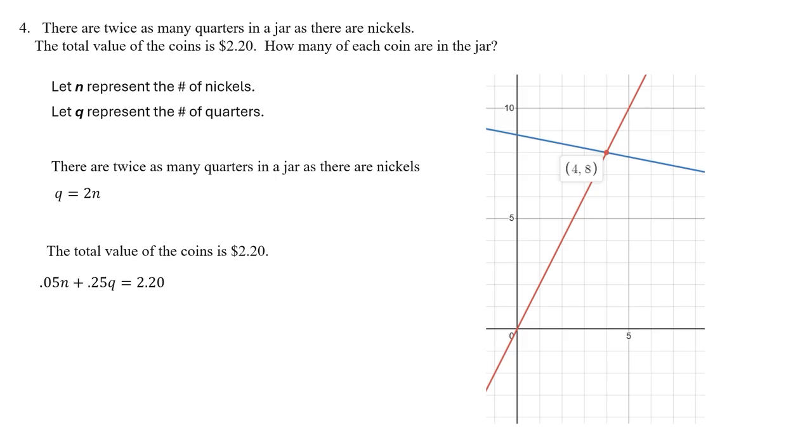And when we graph that, we see the graph intersects at the point 4, 8, telling us that in this scenario, there would be 4 nickels and 8 quarters. And once again, you can test this just by multiplying 4 times 0.05 plus 8 times 0.25 and you will come up with an answer of 2.20.